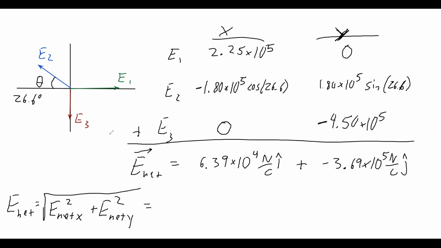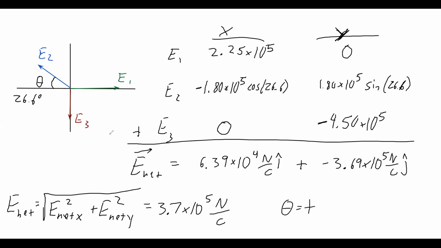And I get 3 point something. And now this is where I'm going to keep it. This is my final answer, so I'm going to incorporate the sig figs in here. 3.7 times 10 to the 5 newtons per coulomb. And I get an angle.